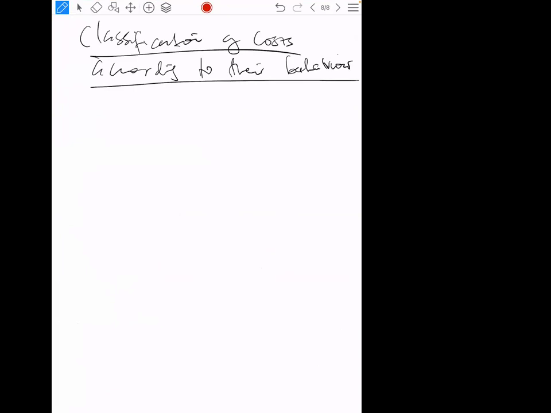Right. So when we say according to their behavior, we are saying, how do they behave as a result of change in output? How do these costs react as a result of change in output?